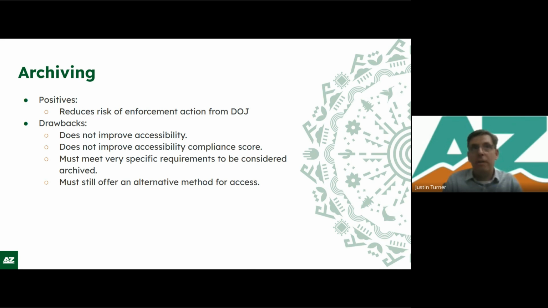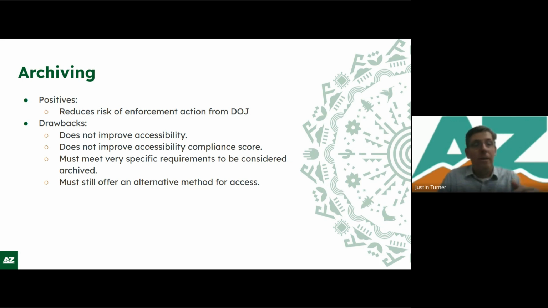So if you've got a PDF that's really just an image of a document from 30 years ago, it's not used for anything, but you need it online for whatever reason, archiving allows you to keep it online in an inaccessible way, but you still have to provide a way for the public to get an accessible copy of that information.